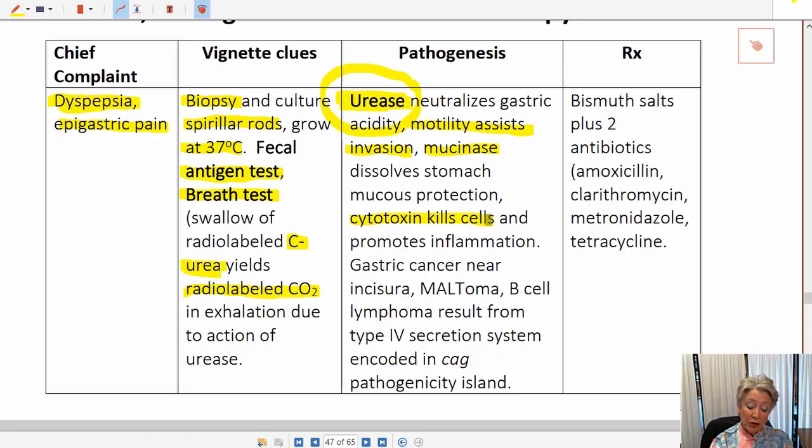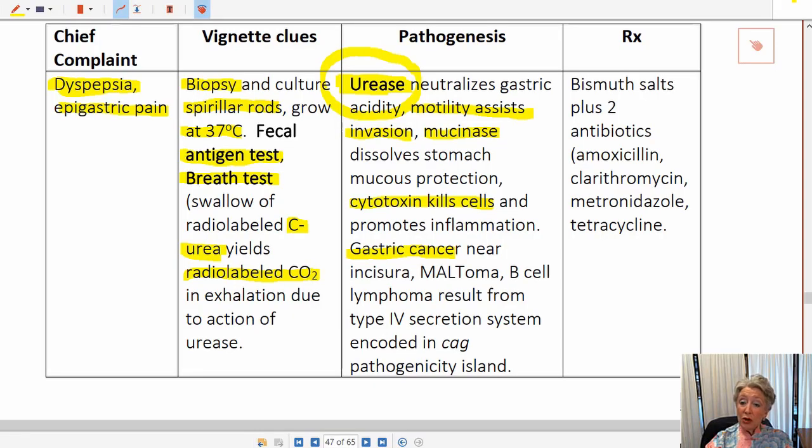So over time, the development of cancer near the incisura or MALTomas, mucosal-associated lymphoid tissue B-cell lymphomas, result from the fact that the organism causes continuous inflammatory cycles over and over again. Remember that the type 4 secretion system is encoded in that same pathogenicity island that we call CAG, and that CAG island is responsible also for the production of the long-term malignant transformation.